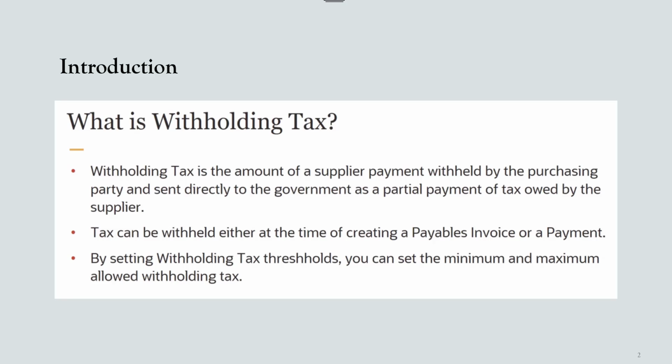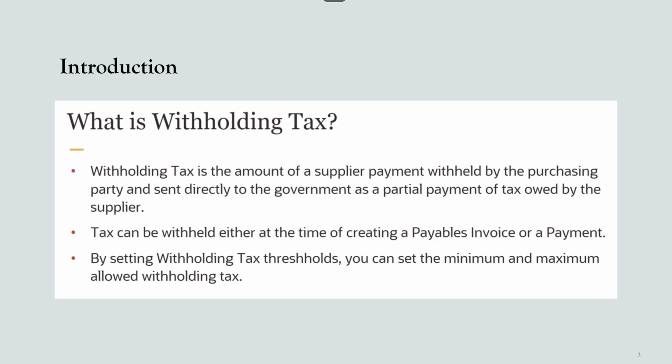So sometimes, in different parts of the world, for professional services, rather than pay the supplier directly, the company, in this case the purchasing party, withholds an amount of tax referred to as withholding tax, and they pay that directly to the legal authority or the government authority rather than directly to the supplier. So this is the definition of withholding tax.